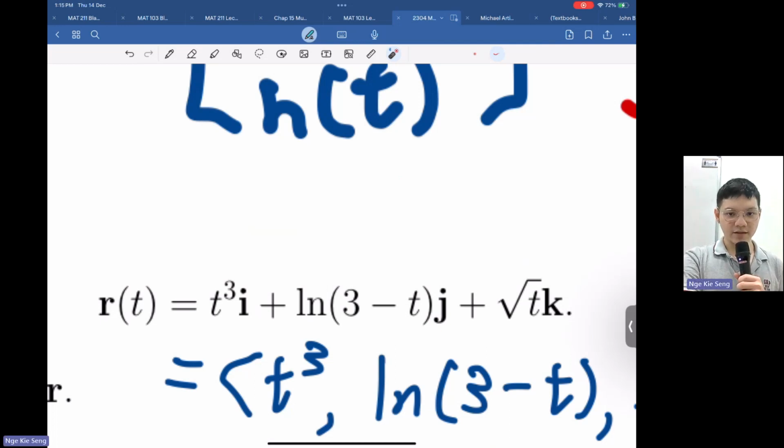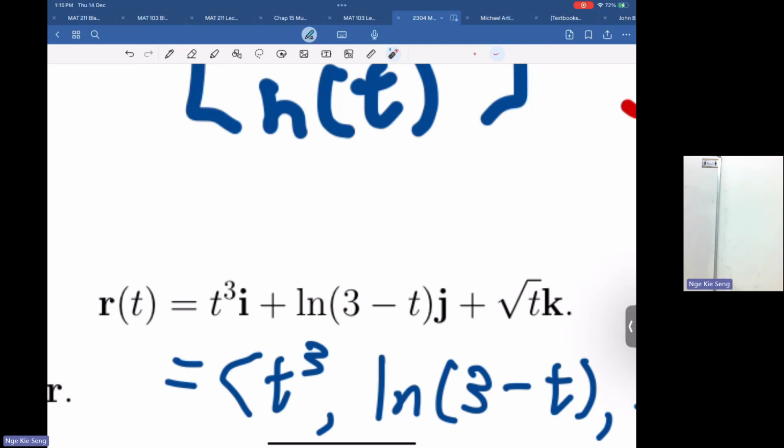Let's see what's the exercise for this one. Do you know what's the domain for this function? Any restriction on t cubed? This is a polynomial function. Any restriction or not? No, right? A polynomial is defined everywhere.